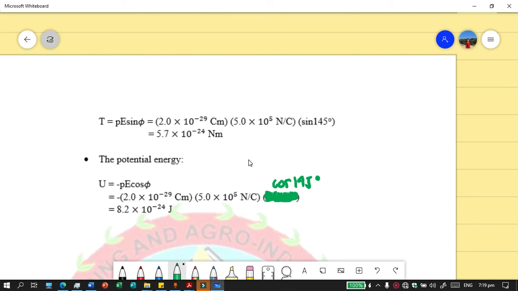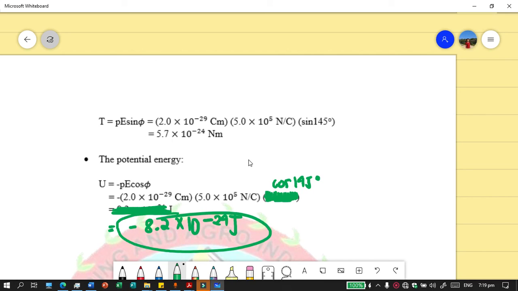Our potential energy is not the earlier value. Our final answer should be negative 8.2 times 10 to the power of negative 24 joules. That is our potential energy.